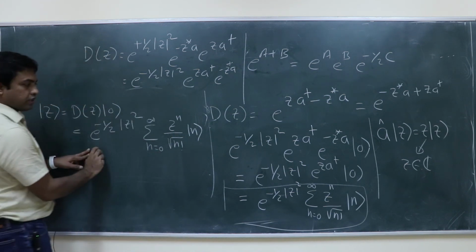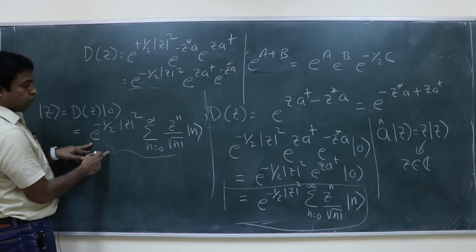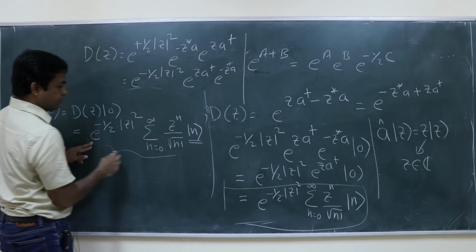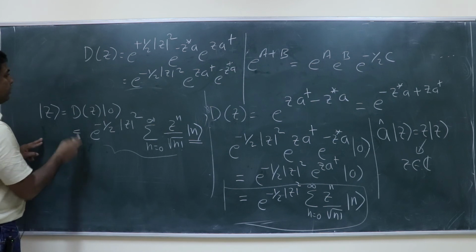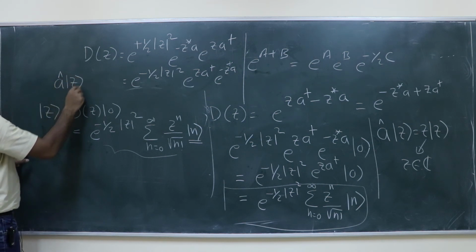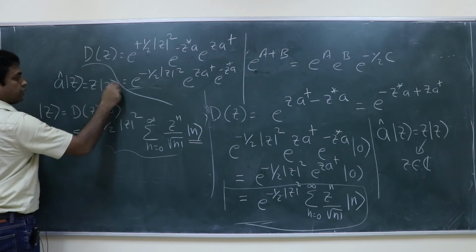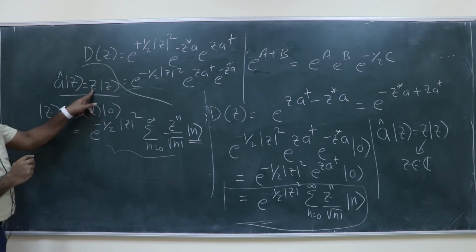This one you have seen already earlier, right? This is basically the Fock state expansion of the coherent state. How did we define the coherent state earlier? We defined it as an eigenstate of the operator A with eigenvalue z, where z is a complex number.